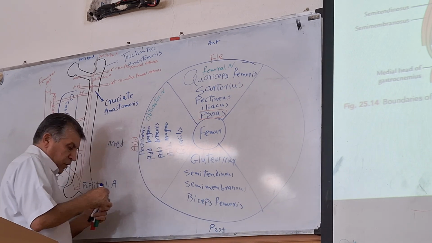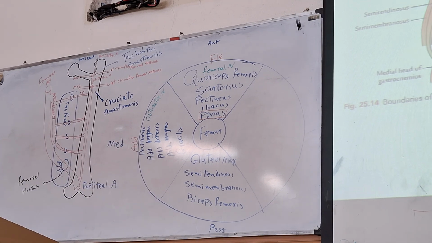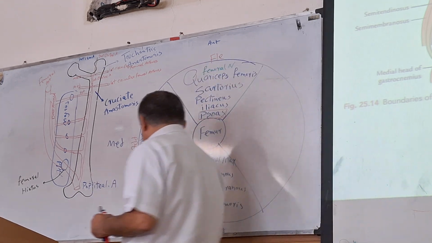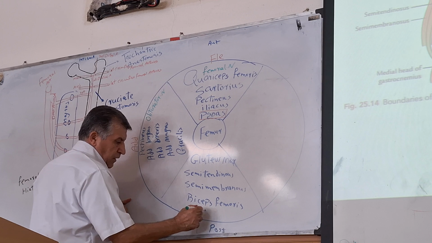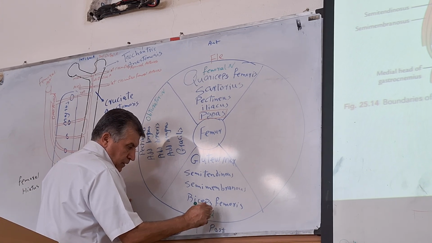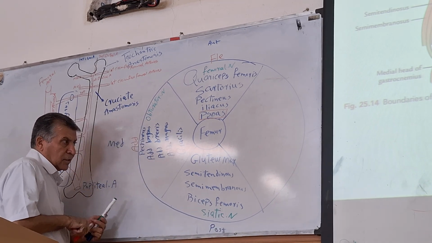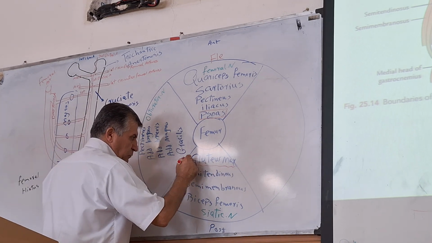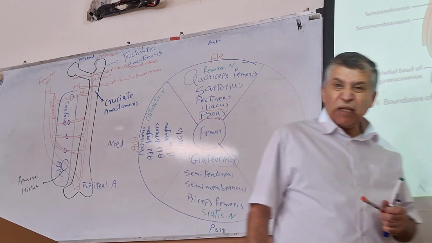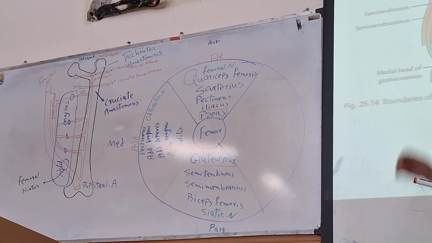All of them are innervated by the sciatic nerve, except gluteus maximus, which is innervated by the inferior gluteal nerve.